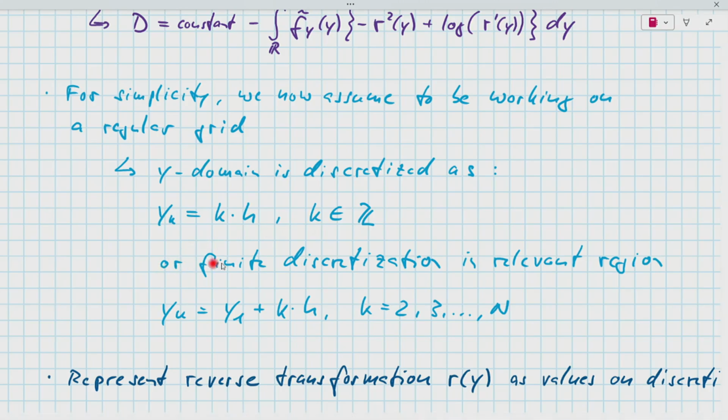But we will use a finite discretization in the relevant region. So we start with the discretization point y_1, and then we equidistantly step up to y_n. So we have n discretization points, y_1 to y_n, and they have an equidistance of h.